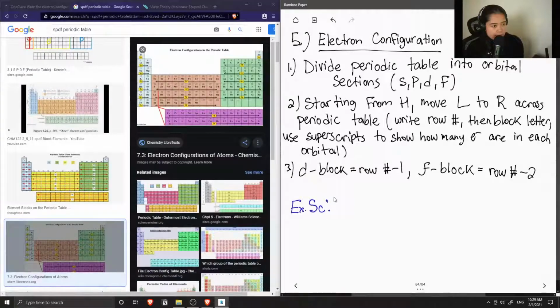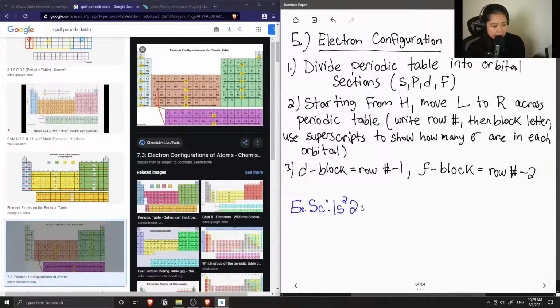So starting from hydrogen, we write the row number, which is row 1, and then the block letter, which is 1s. And the 1s orbital can hold a maximum of 2 electrons. So as the superscript, we write 1s2. And then we move on to the next row.